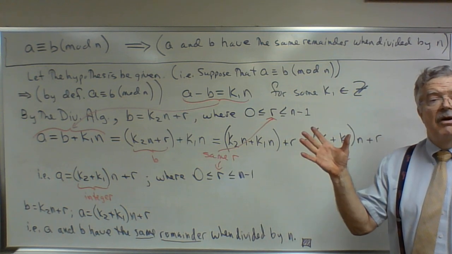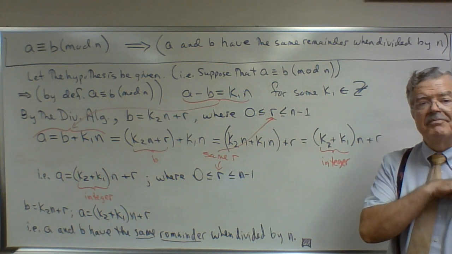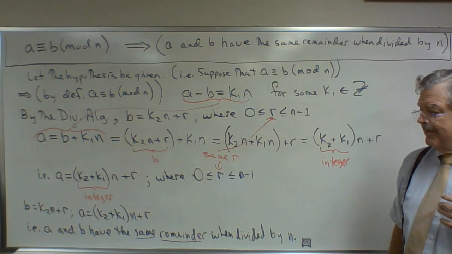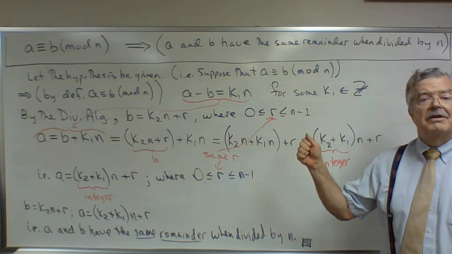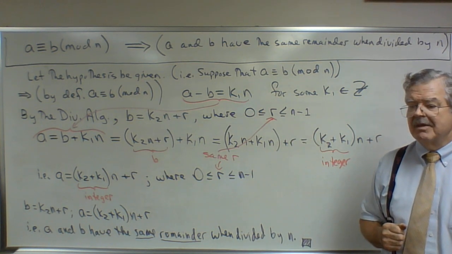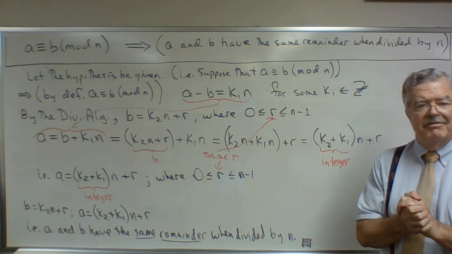Or we can start off using as the definition of congruence modulo n that each one has the same remainder when divided by n. But we're going to wind up at the same spot eventually.